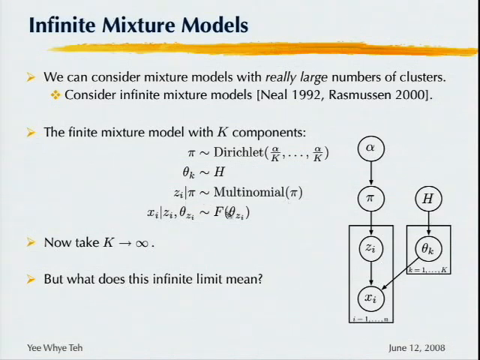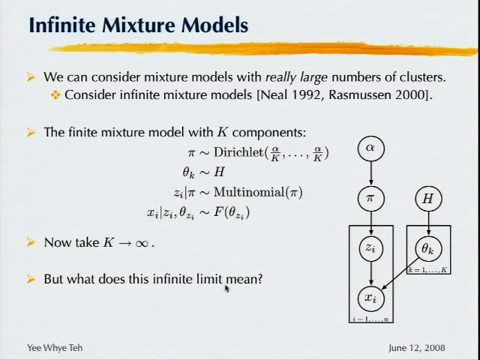This is drawn from a multinomial distribution with parameters pi. And then xi given zi and the cluster parameter theta is drawn from some distribution F parameterized by theta. So this is the notation I use, and this is the corresponding graphical model for the mixture model.